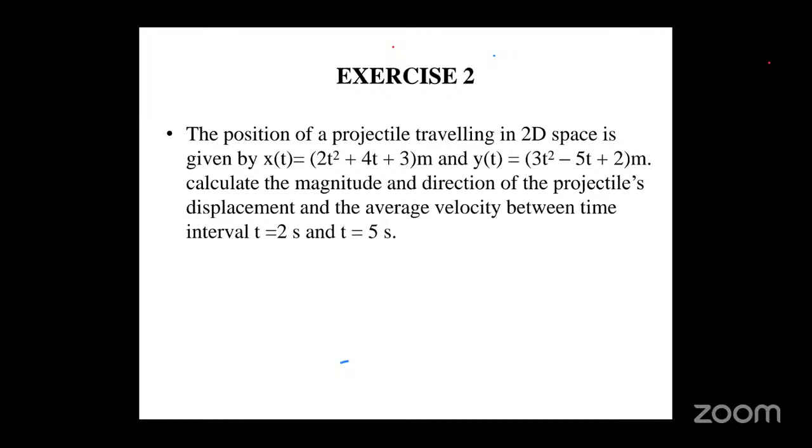Calculate the magnitude and direction of the projectile displacement and the average velocity between time interval t equals 2 seconds and t equals 5 seconds.